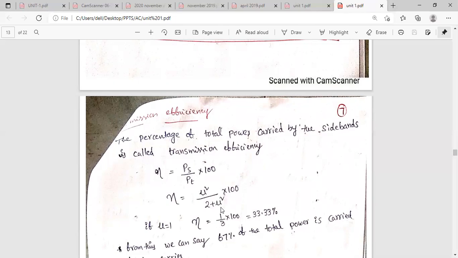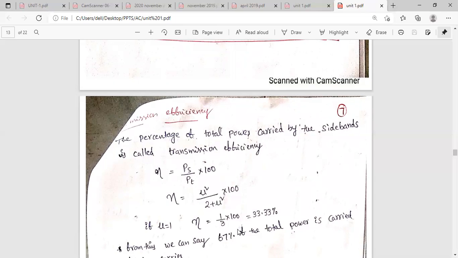For 100% modulation, mu is equal to 1. If you substitute mu is equal to 1, what is the efficiency? 33.33%. From this, you can say that the information is contained in the sidebands. 33.33%, and the remaining power is wasted by the carrier.